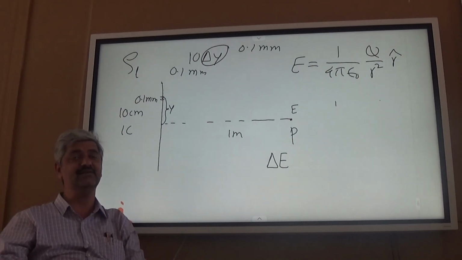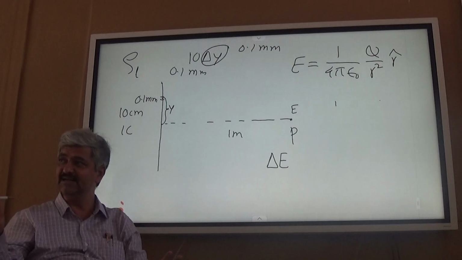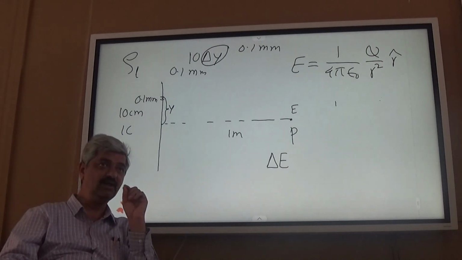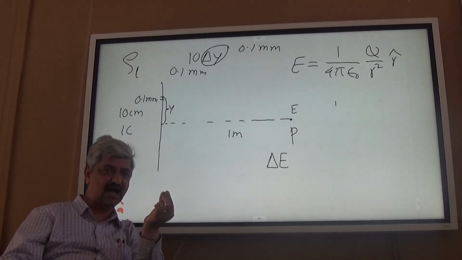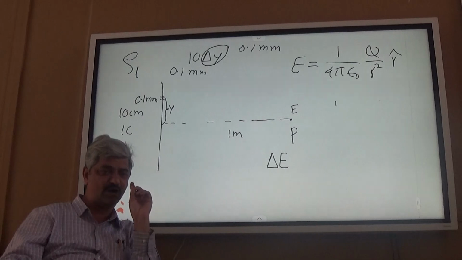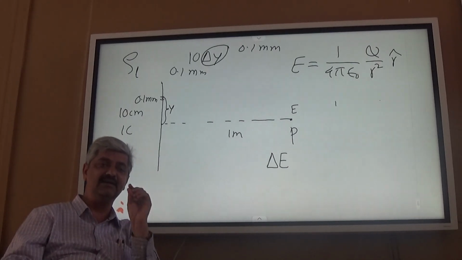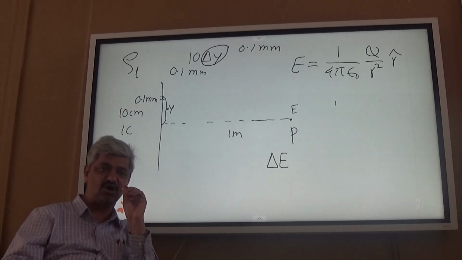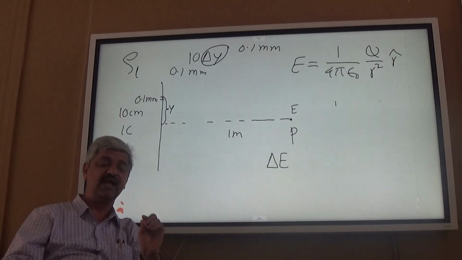It will contain how much charge? 0.0001 into 10, that is 0.001. So the small segment of length 0.1 millimeters centered around the distance y from origin will again be a line charge with total charge on that segment of 0.001 coulombs.